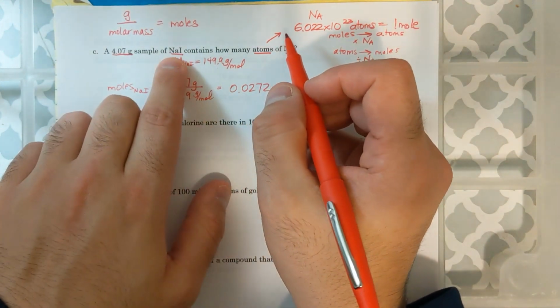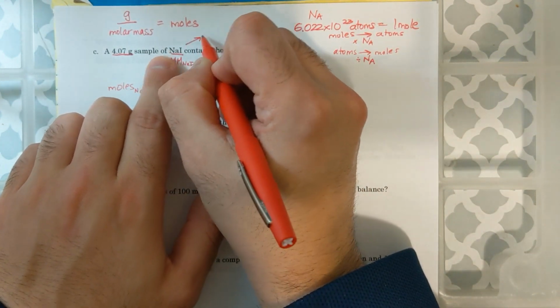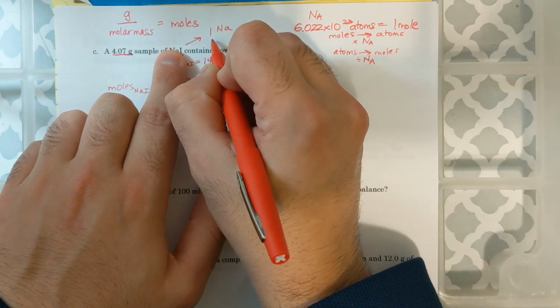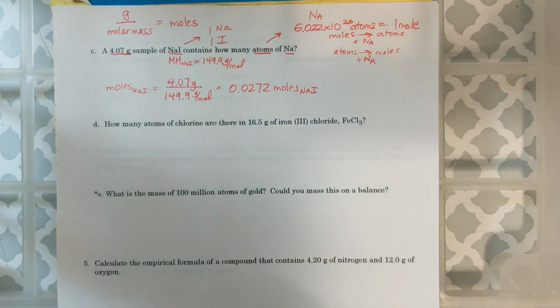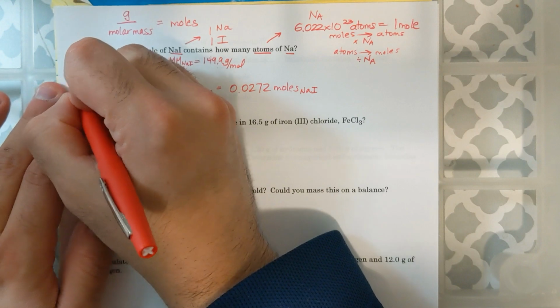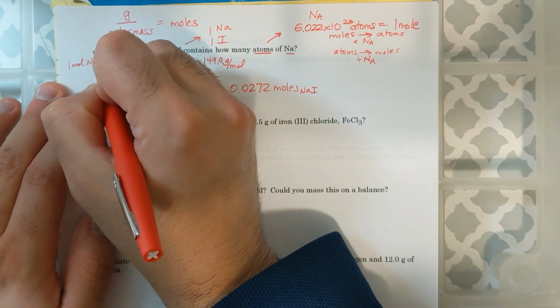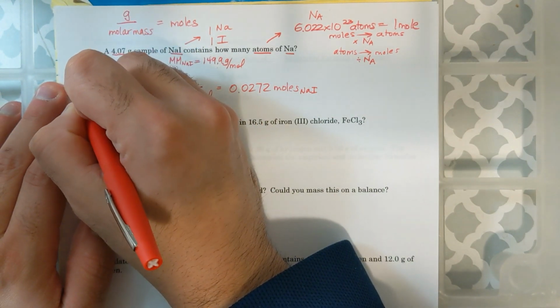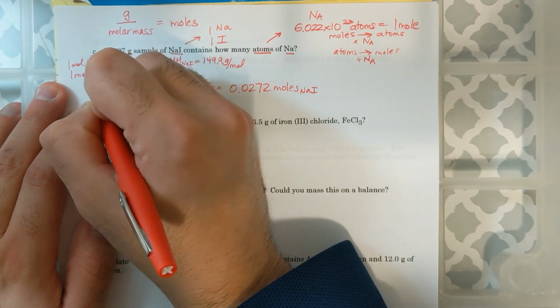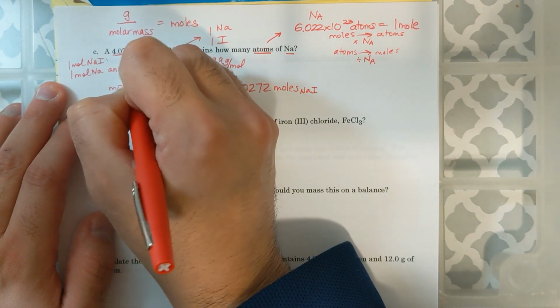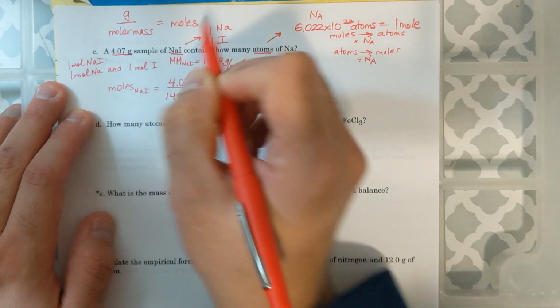Now, the question's asking for atoms of Na. Now, remember my formula has 1 Na and 1 I. So if I had 1 mole of NaI, I would have 1 mole of Na and 1 mole of I, right?